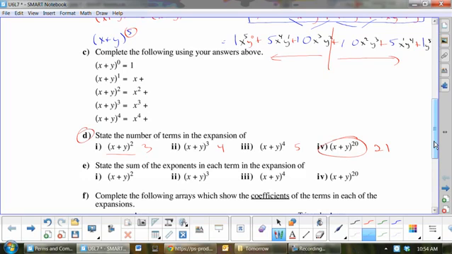Now, tomorrow you come in. I know you've done an awesome study sheet, but you forget it in your locker. Okay? How could you do this question so you remember? Because x plus y to the 20th, I'm just going to say, how many terms? And you're going to put an answer down. How do you know it's right? You should test it, right? X plus y to the 20th, you tested it, would take you a long time.